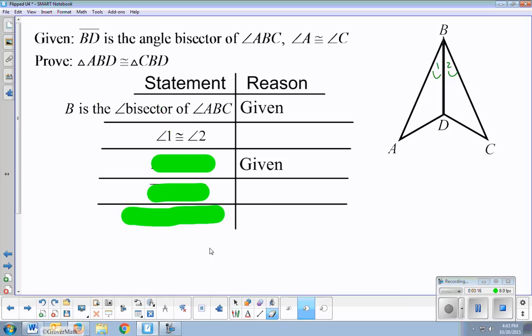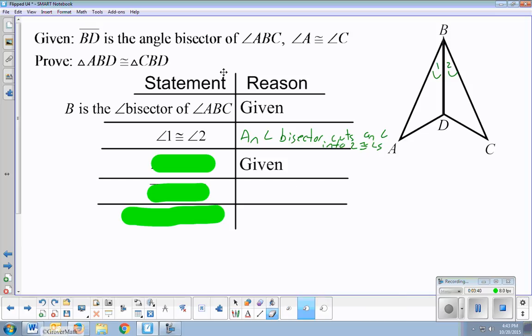So we have an angle bisector, and 1 and 2 are congruent because an angle bisector cuts an angle into two congruent angles. Ran out of space there a little bit.